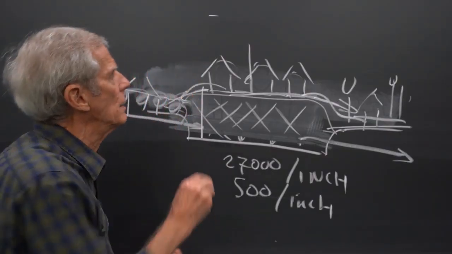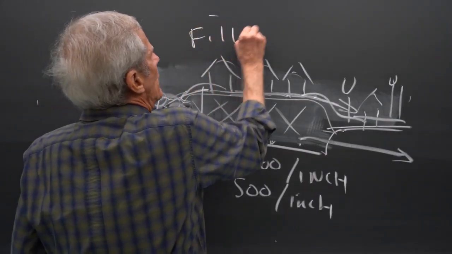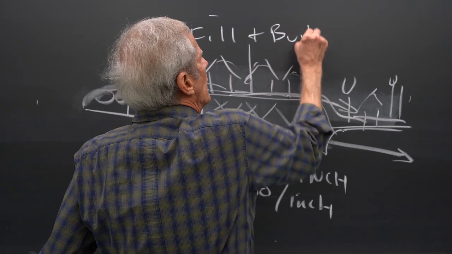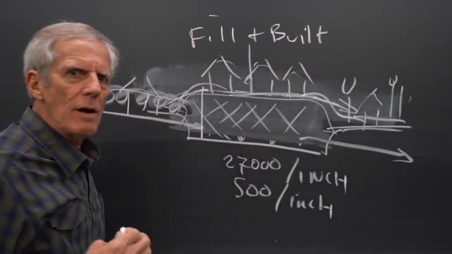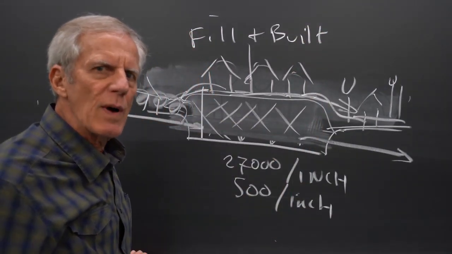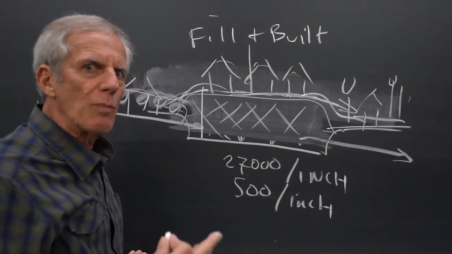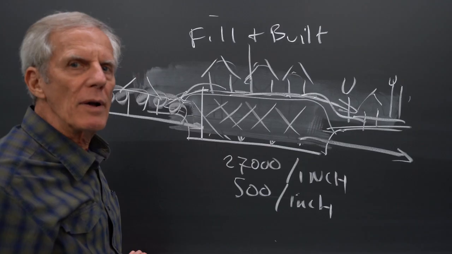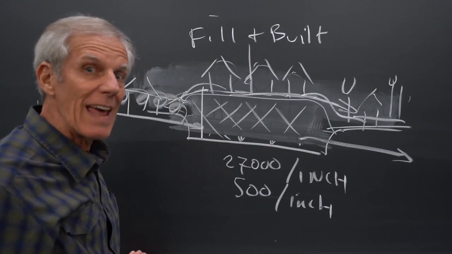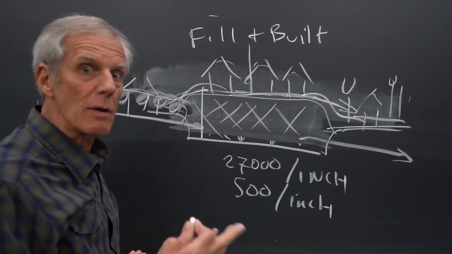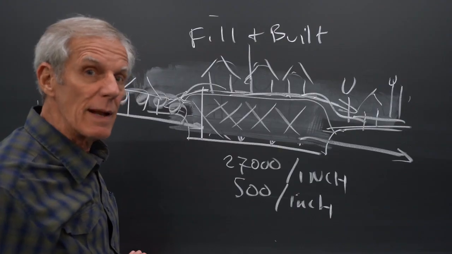So this whole idea of fill and build is a very inexpensive way for the builders to make large numbers of houses in small areas, but it is destructive to the land, and it is destructive to a lot of the neighbors that live around in that area.